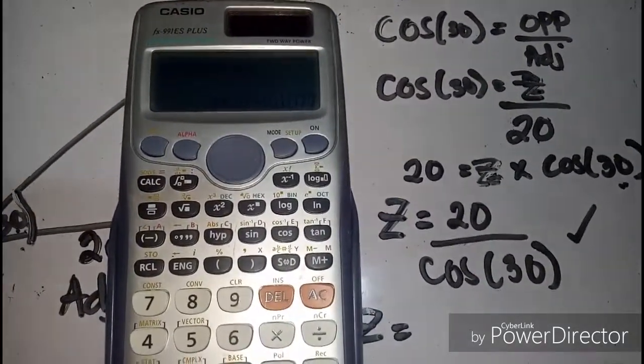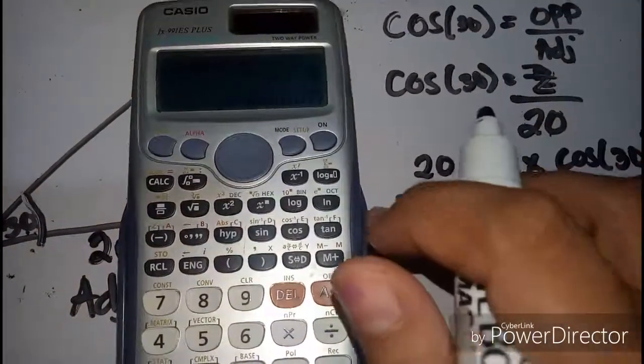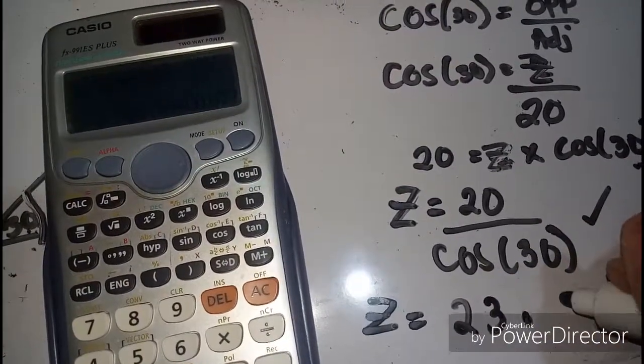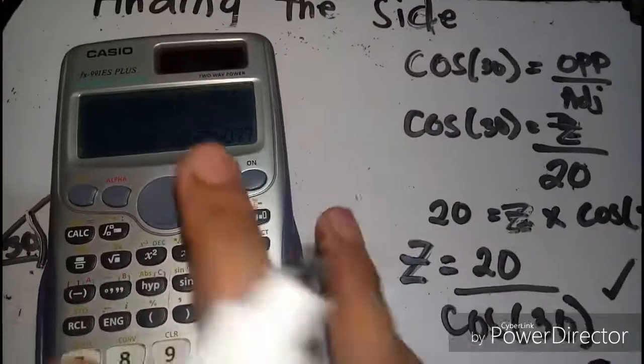So we're going to get 2 decimal points, which is 23.09. So this is our opposite.